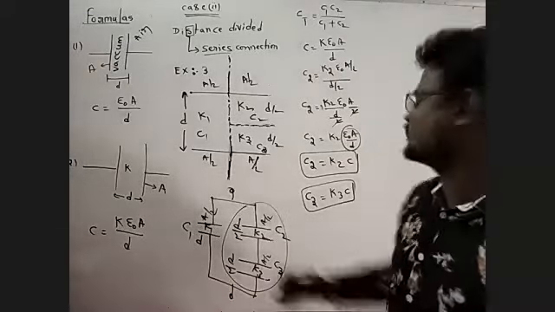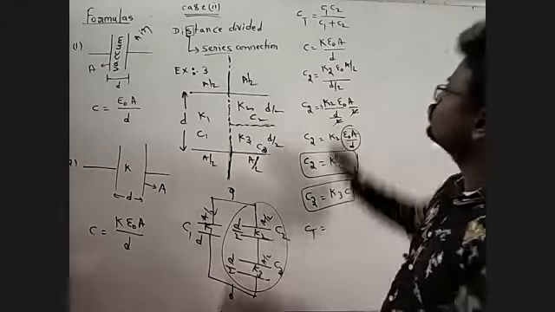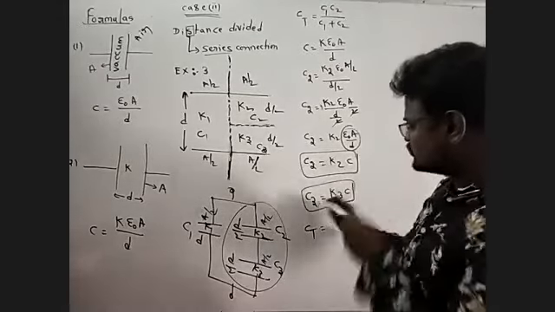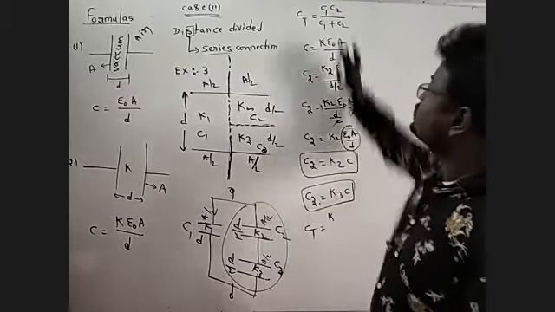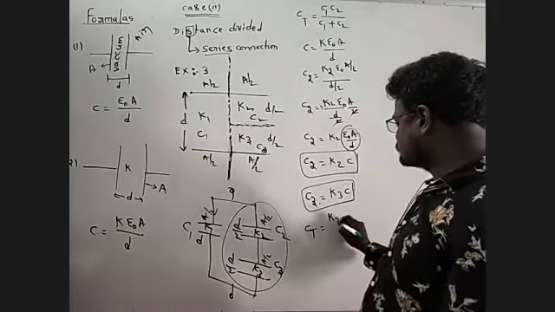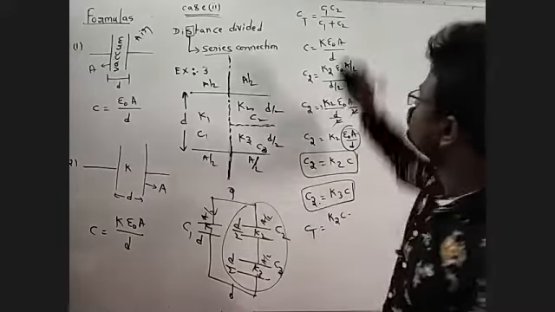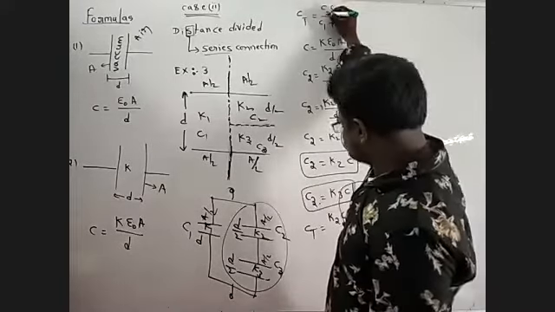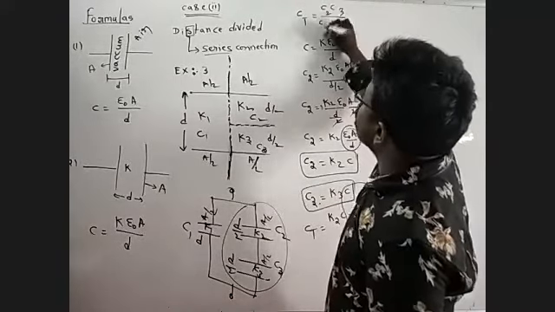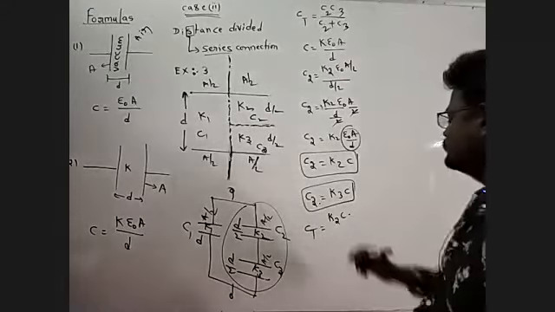Both capacitors are in series now. And what is C total? C total is equal to C2 C3 by C2 plus C3, for your convenience changing the formula.